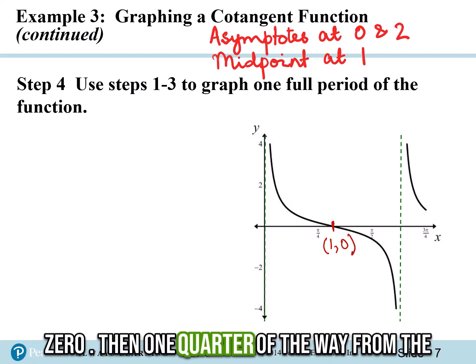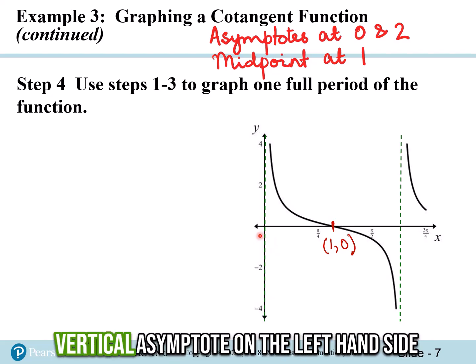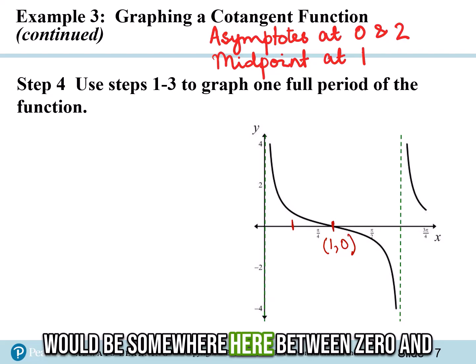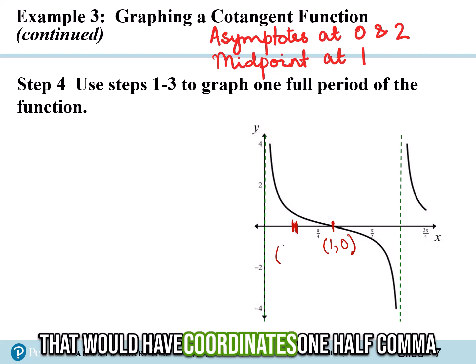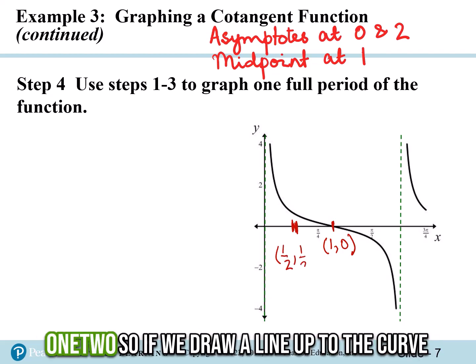Then 1/4 of the way from the vertical asymptote on the left-hand side would be somewhere here between 0 and the midpoint. Let's say it's somewhere here. That would have coordinates 1/2, 1/2.